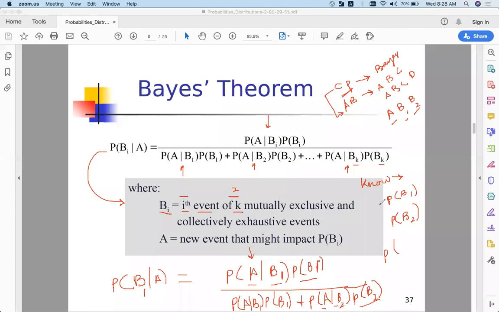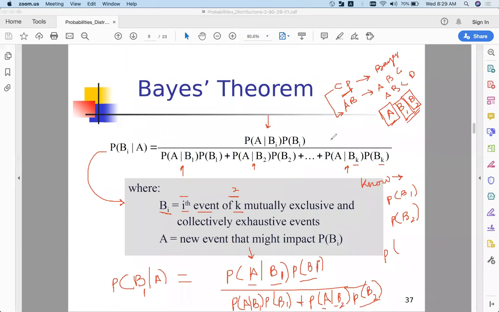We'll see an example. I is like 3, and K is 2. I is total three events: one is A, one is B1, and one is B2.